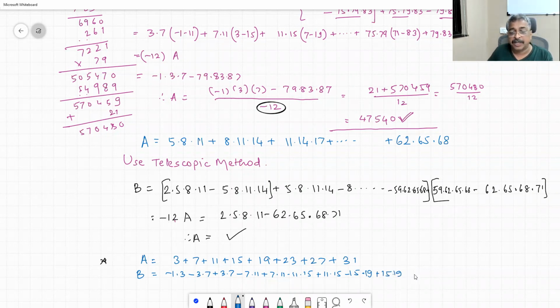Plus the last term is 31 into 35, minus before that 27 into 31, plus before that 27 into 31.